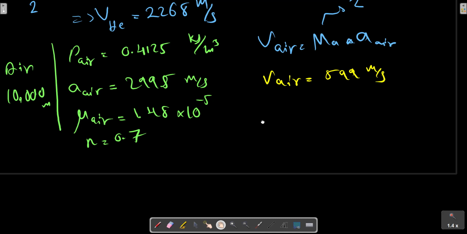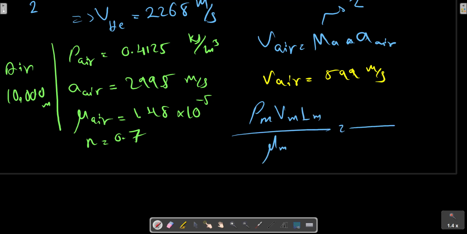The model chord length is. For the Reynolds number, we should make an equality of rho m, Vm, Lm on viscosity of model to the prototype Reynolds number.